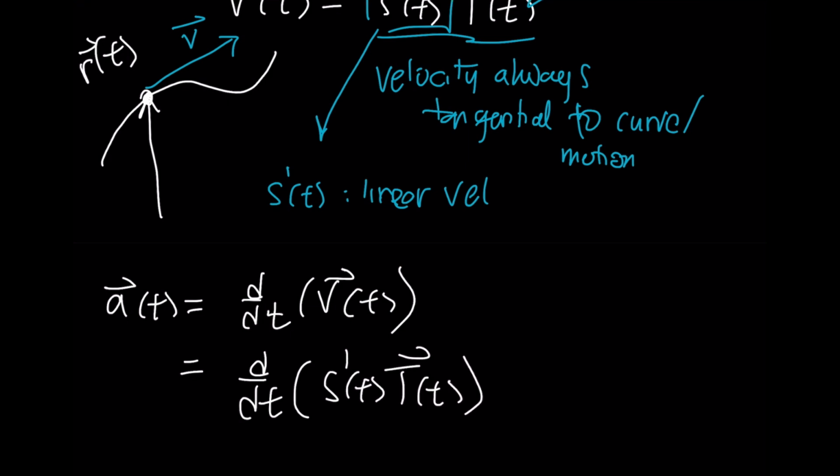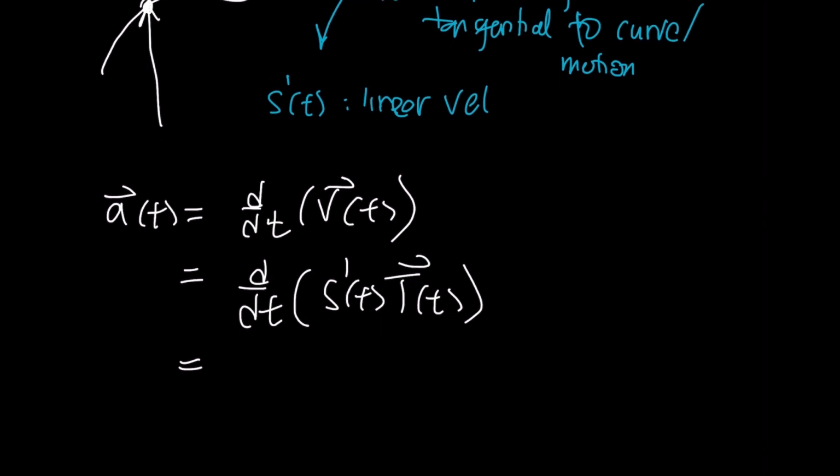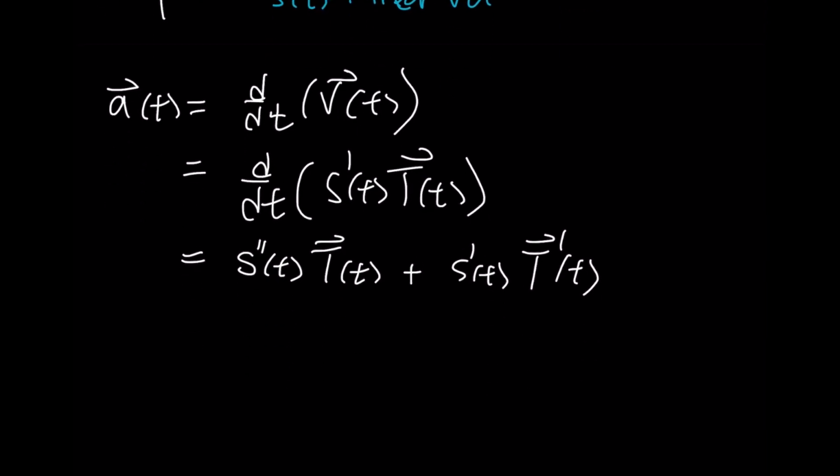I've got to use the product rule, and I'll get s double prime of t times this T plus s prime of t times the derivative of that unit tangent vector. Well, remember from the previous video, this was related to the unit normal vector. The unit normal vector was the derivative of unit tangent over its length.